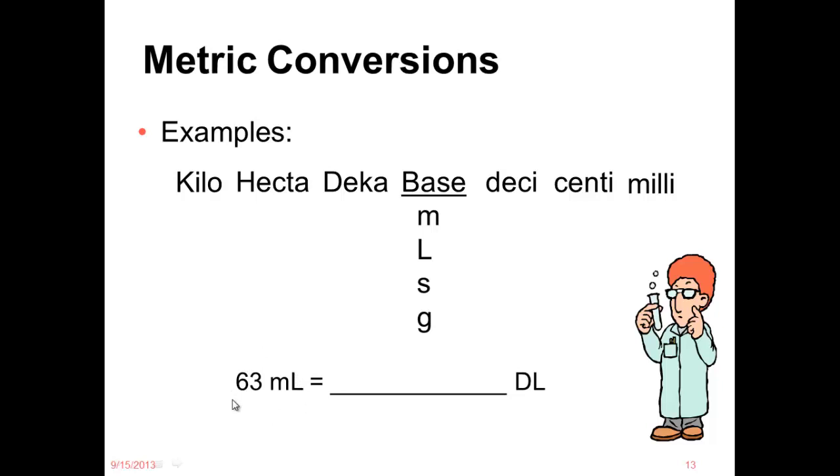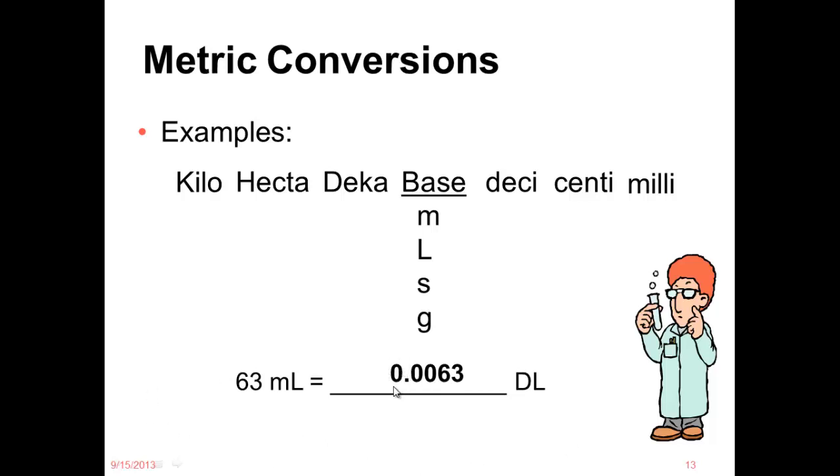Now where is the decimal if you don't see it? The decimal always starts at the end of the number, or at the right side of the number if you don't see it. So we're starting right here next to the 3. And we're going 4 spots to the left. So we'll start right next to the 3. 1, 2, 3, 4. So we'll need 2 zeros in front of our 6, 3.